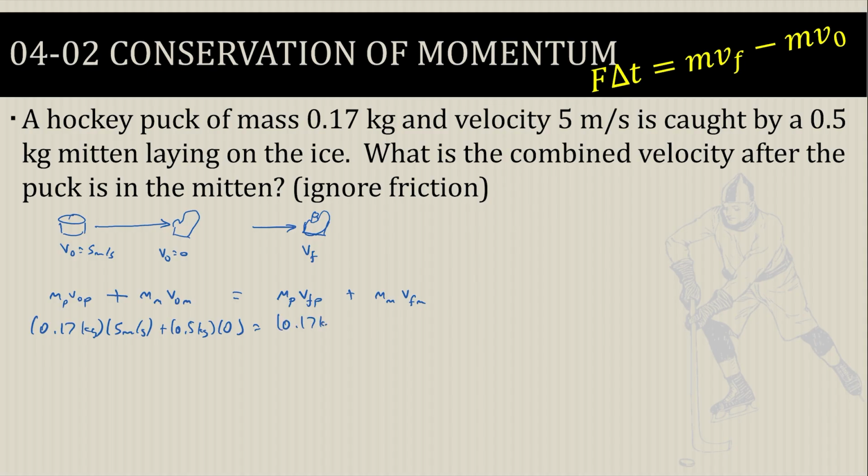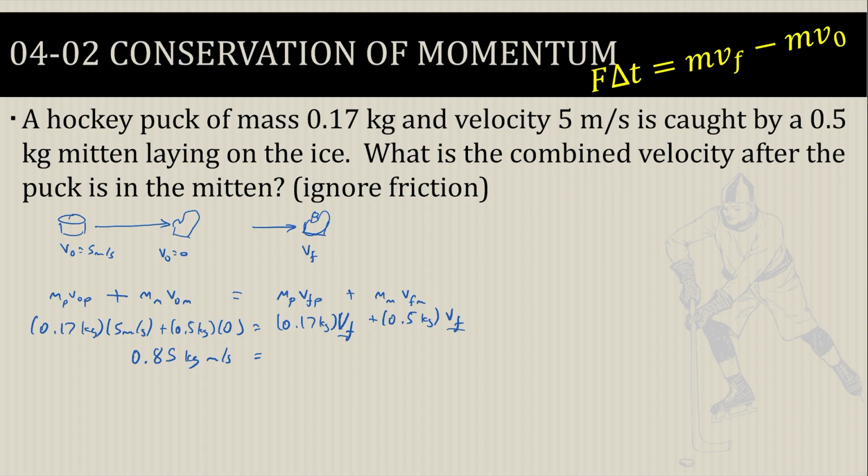Mass of the puck, its final velocity. I don't know what that is. That's what we're looking for. And the mitten, but the mitten has the same final velocity. So the puck and the mitten have the same final velocity. So the total initial momentum is 0.85 kilogram meters per second.